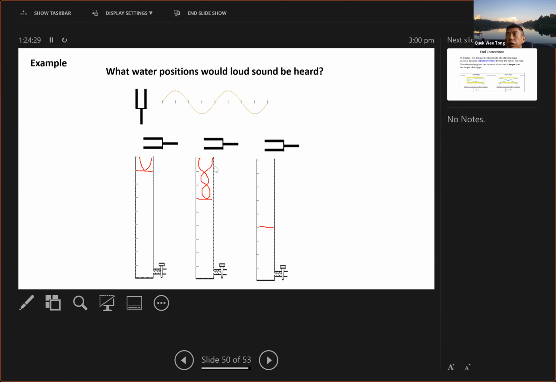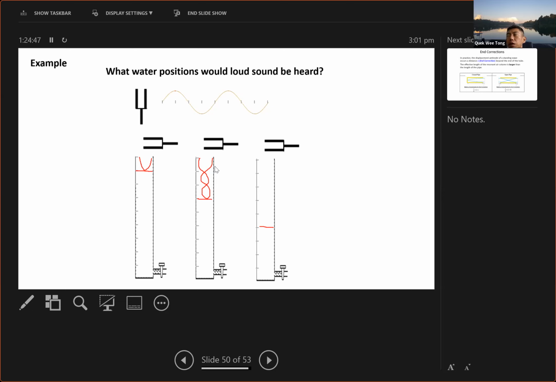So energy enters, and you form a standing wave. Once the standing wave is formed, the energy doesn't leave. So the amplitude of vibrations of the particles within the pipe gets larger and larger, and it sounds as though it's a source by itself.